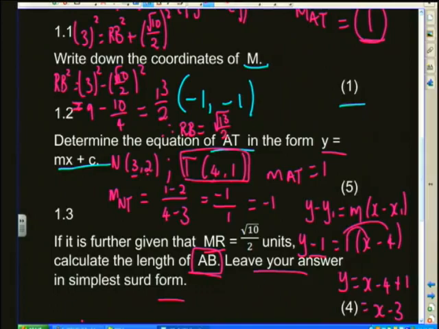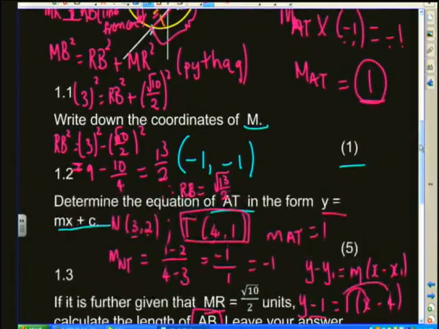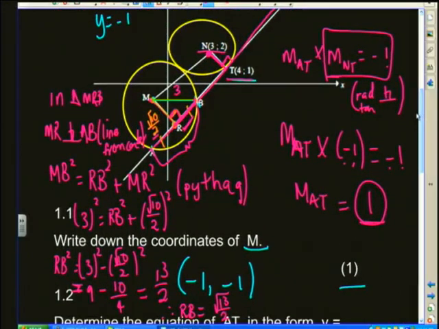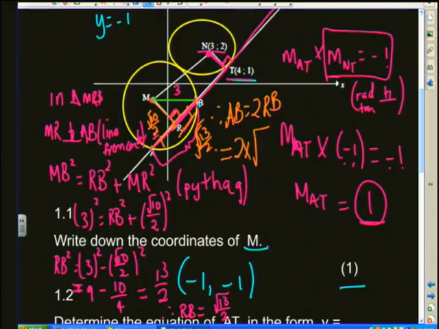So let's see what we've got here. RB, that distance there, is root 13 over 2. If I want the length AB, because R is the midpoint, I simply have to times by 2. So AB is twice RB, which is equal to 2 times root 13 over 2.